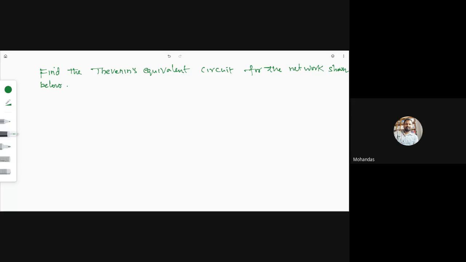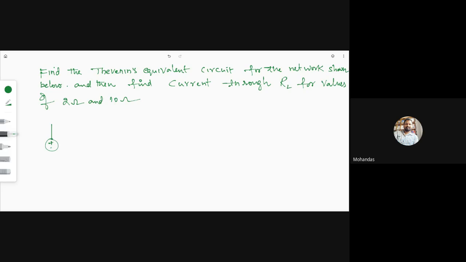and then find the current through RL for values of 2 ohm and 10 ohm. Draw the circuit.